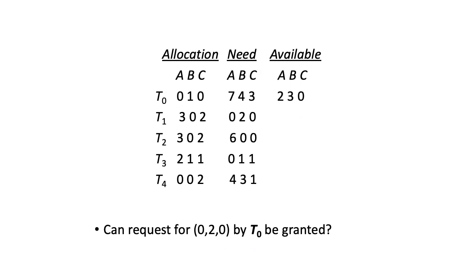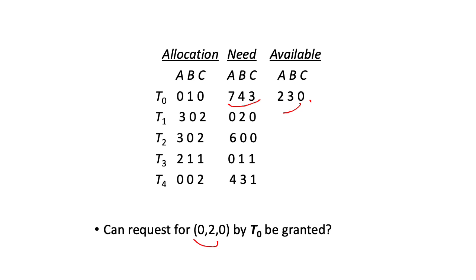Now let's assume that we have a new request from T0, requesting 0 instances of A, 2 instances of B, and 0 instances of C. So again, we check, is the request less than need? Yes, it is. Is the request less than what we have available? Yes, it is. So we're going to assume that we did grant T0 access to this request.